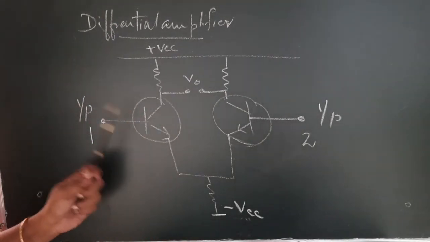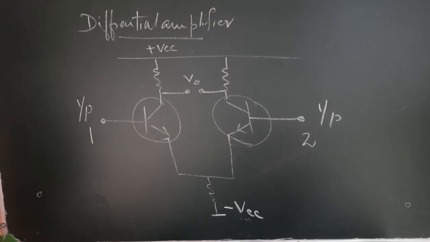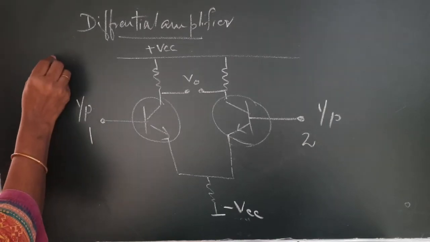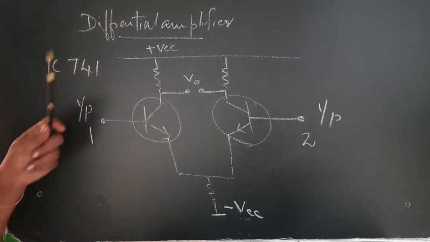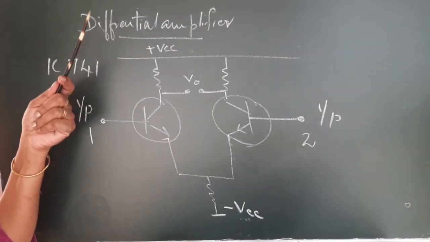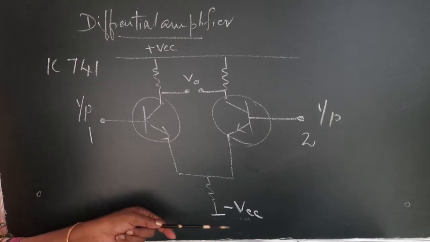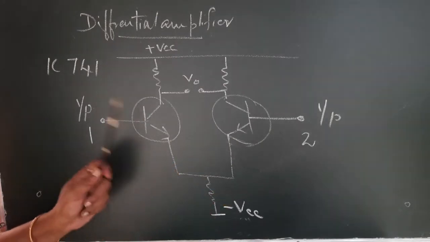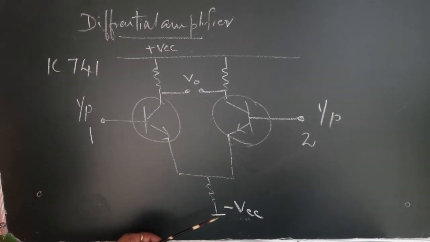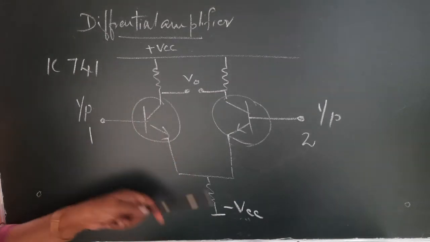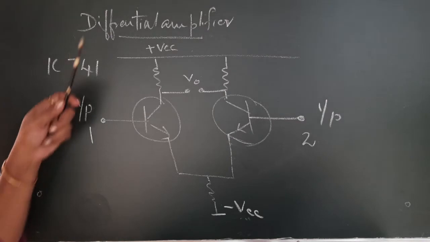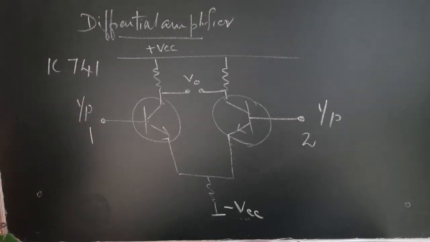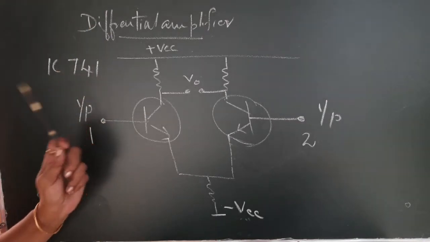A dual biasing means if we are using an op-amp IC741, you will need a plus 15 volt plus VCC and minus 15 volt minus VCC. It is not the ground, but it is minus 15 volt. So, that is the concept of dual biasing that is required for IC741.